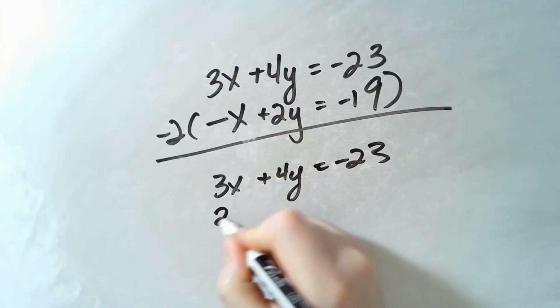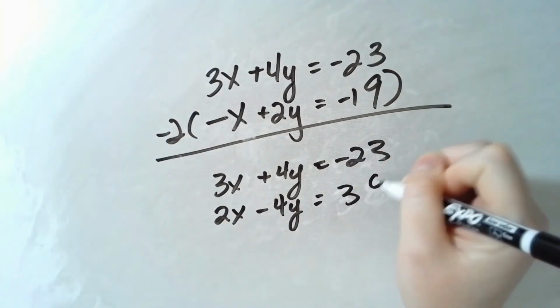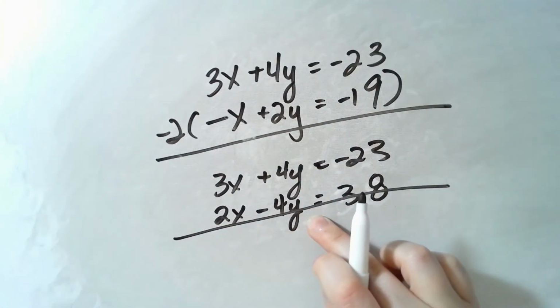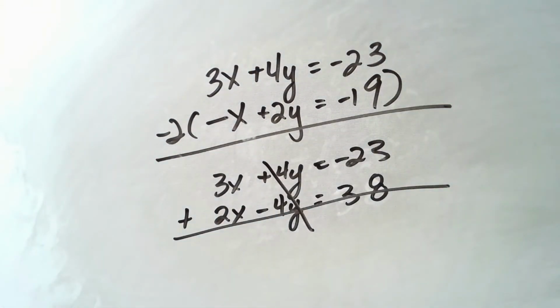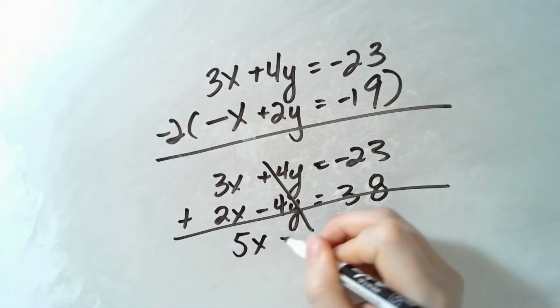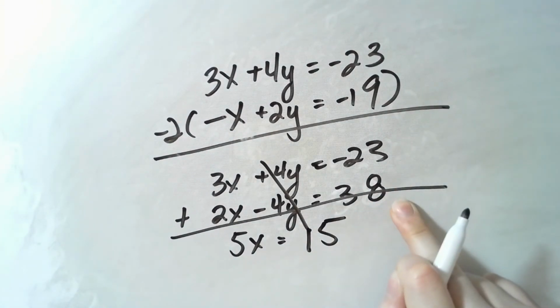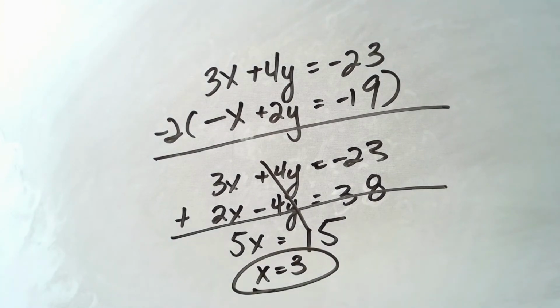Positive 2x minus 4y equals positive 38. So now, because these are opposites, positive 4y, negative 4y, I'm just going to add down, and that gets rid of that. 5x is equal to 15. 38 minus 23 is 15. So x must be 3. You pick the answer choice with x equals 3.